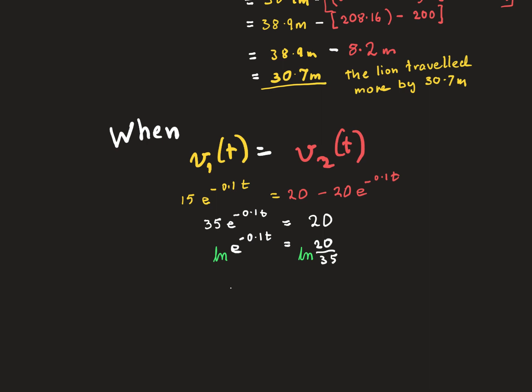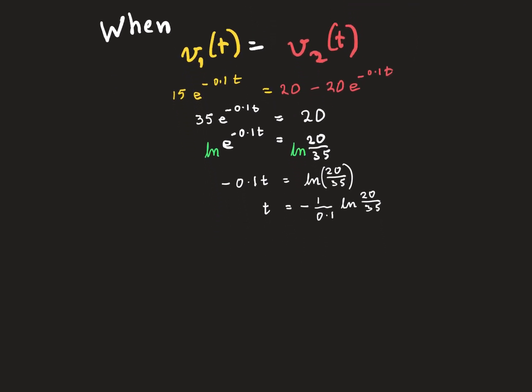So what we have is minus 0.1 t is equal to ln 20 over 35. And if we remove the 0.1, we'll have t is equal to minus 1 over 0.1 ln 20 over 35.